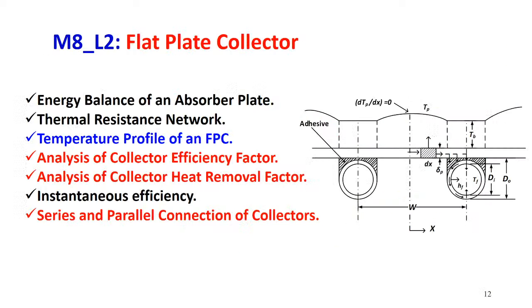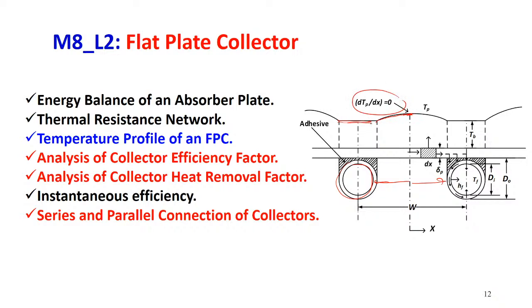In module 8 lecture 2, we have studied the flat plate collector designs and other aspects. We started with energy balance of an absorber plate, then the thermal resistance network, then the temperature profile of an FPC. If we consider two tubes and are interested in the temperature profile, heat will be carried away by the fluid, so there is no contribution of cooling in between, and in between we'll have the maximum temperature rise.